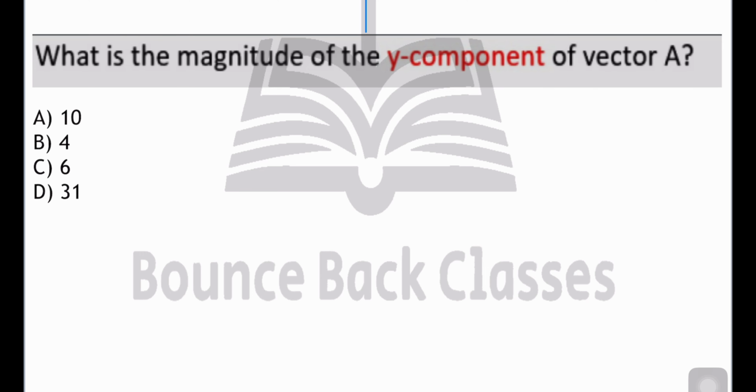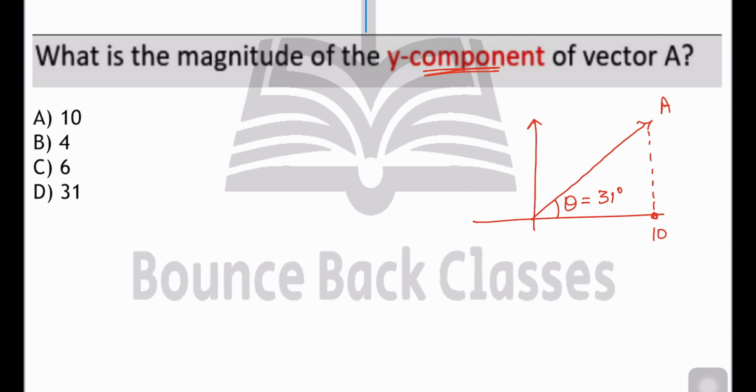Now the next question. Let's say the diagram is like this, and here is angle theta. What is the magnitude of the y component? The angle is given as 31 degrees, and here the value given is 10 and here the value is given as 6.